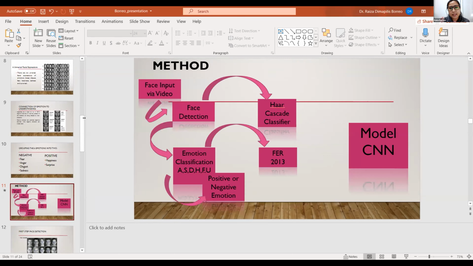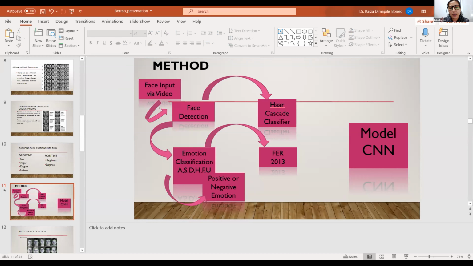This is the method that I have actually used to create the model. The model is a different thing; this is the method. I started with the face to be inputted, or fed, into the computer.